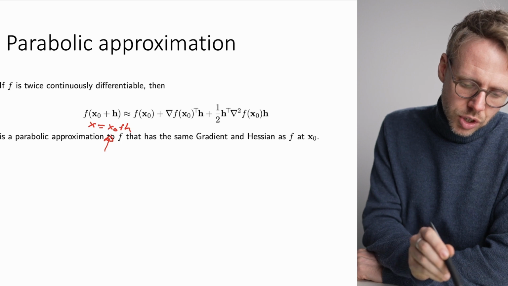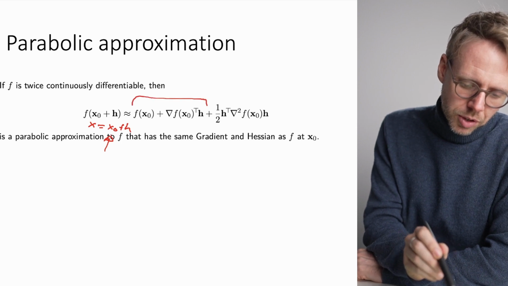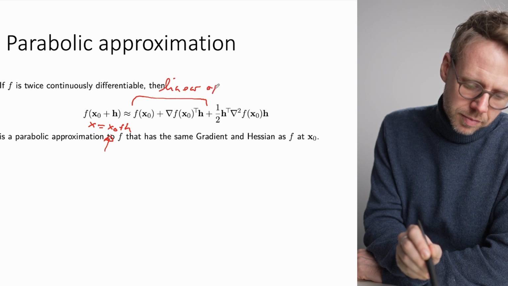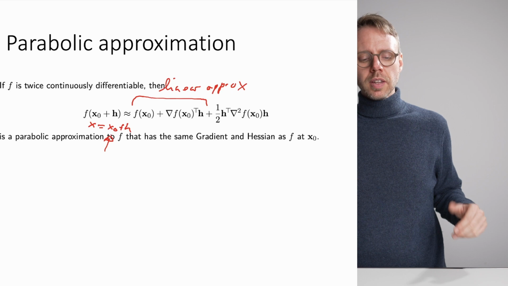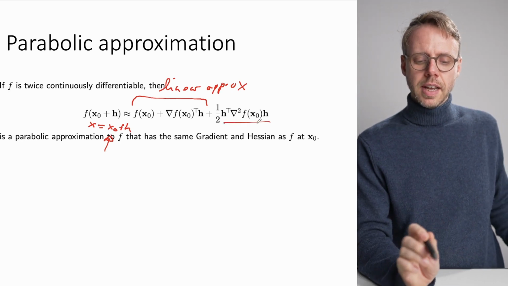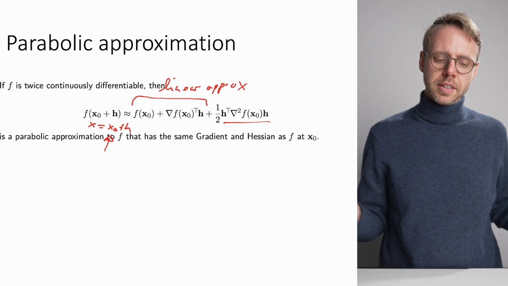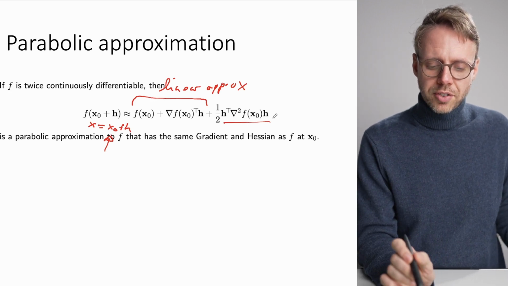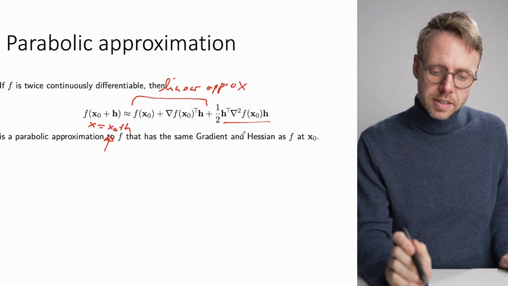So if you just use this part, you have your linear approximation as before, plus now a squared form in the Hessian. So you take your Hessian matrix and you multiply your difference vector h to both sides of this Hessian.